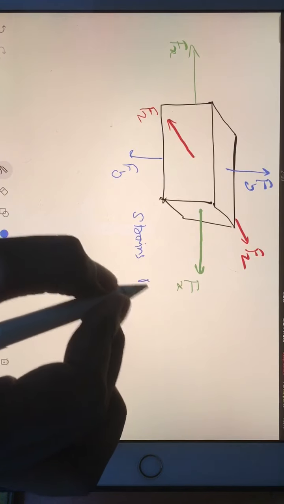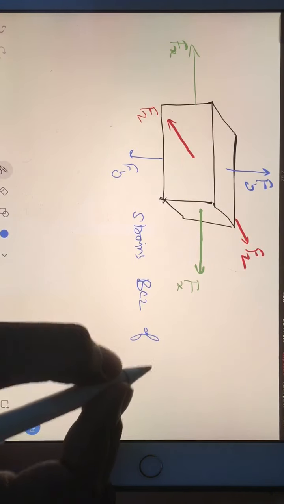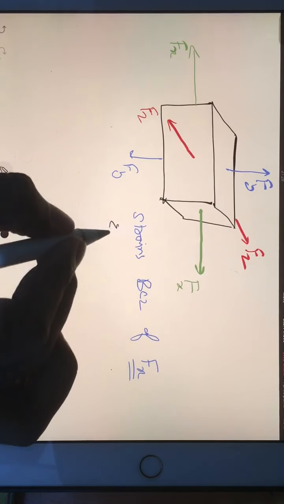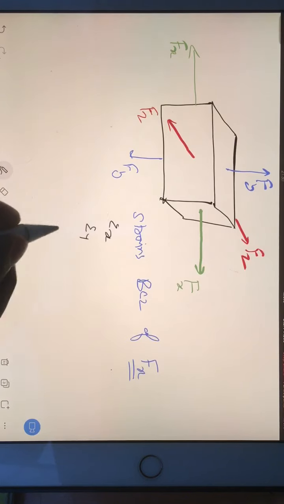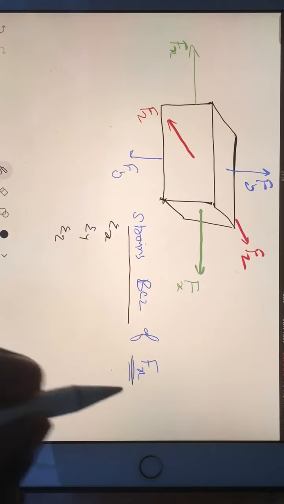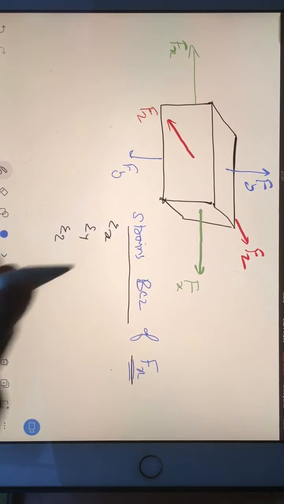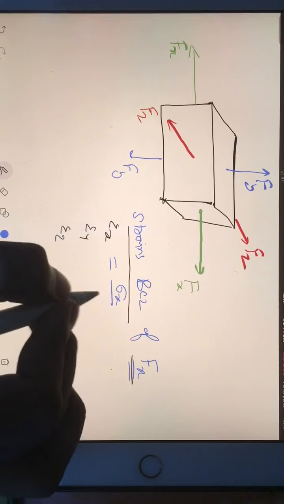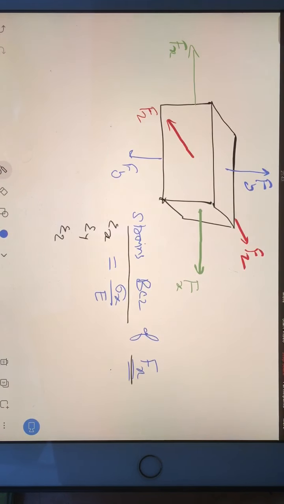Now you see the strains because of Fx. Only because of Fx you will have three strains: epsilon x, epsilon y, epsilon z. Whatever stress develops in x direction, you divide by E. Simple.